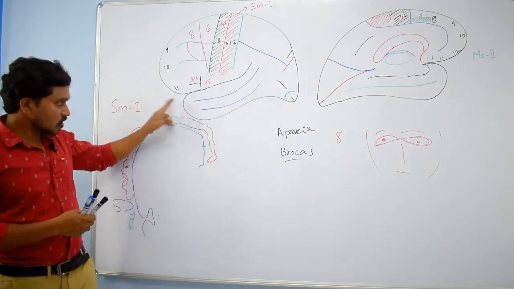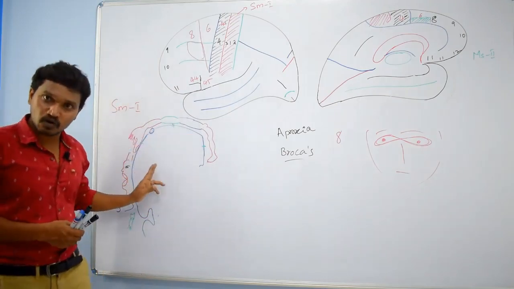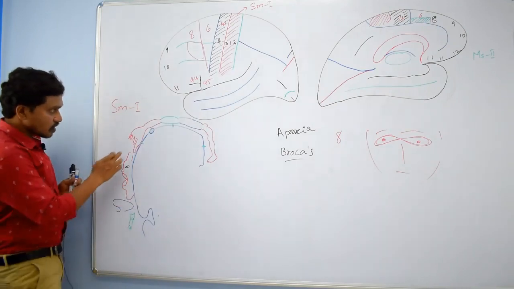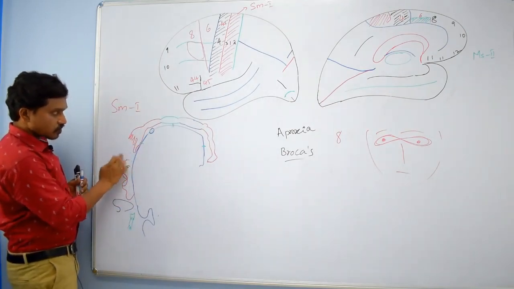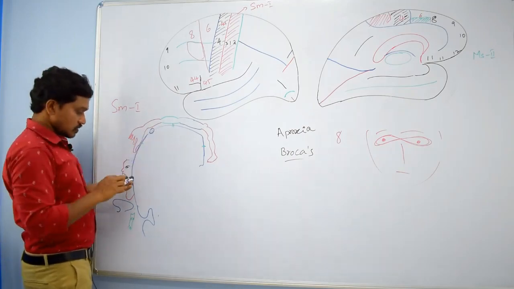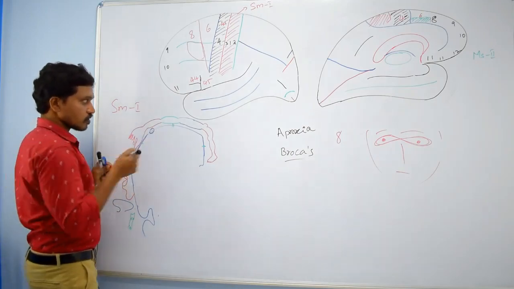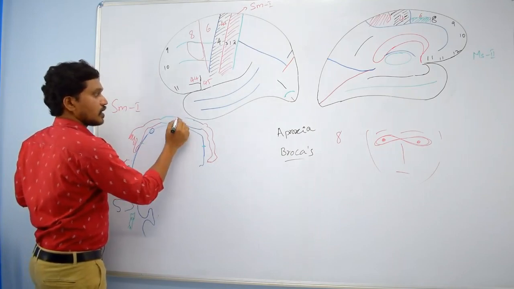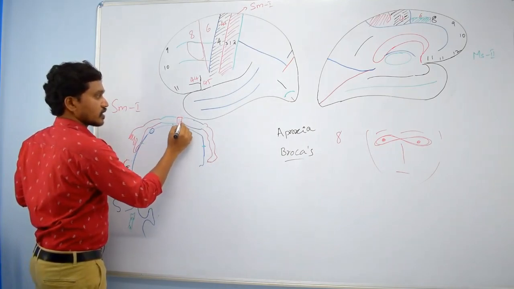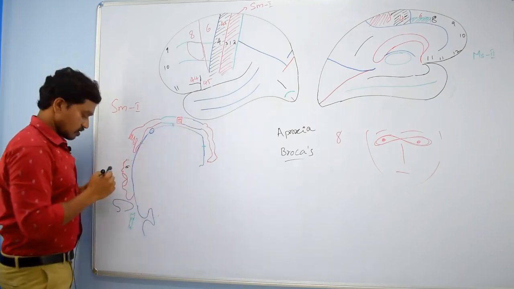It is almost similar to the motor homunculus, but here the neck is present in between shoulder and trunk, not after the thumb.